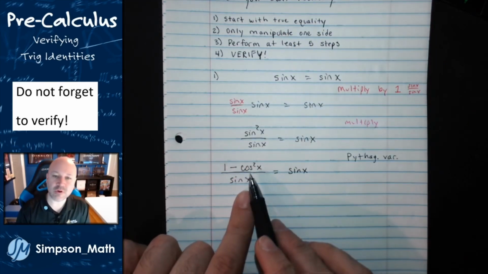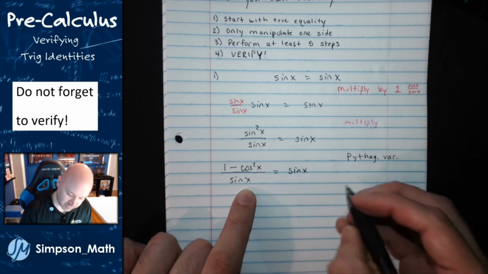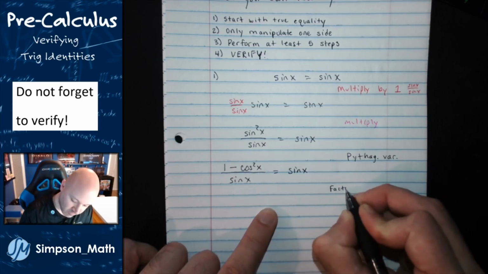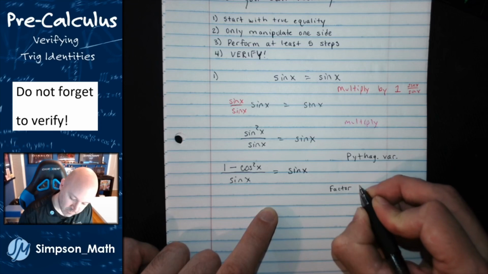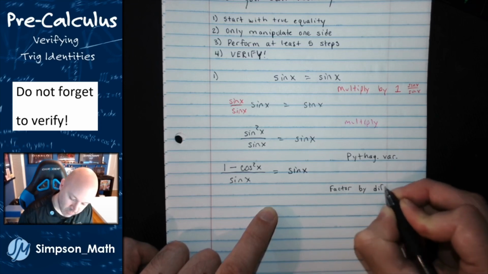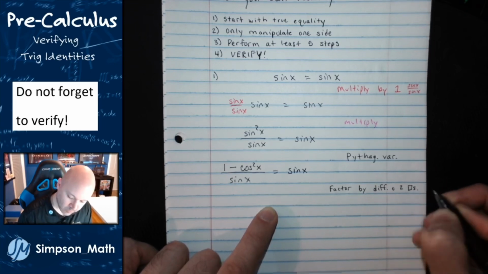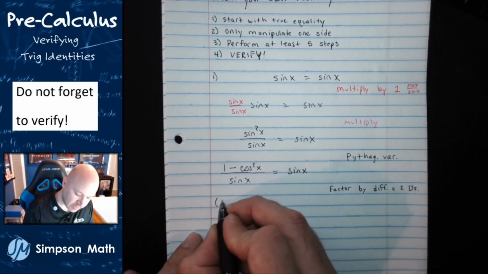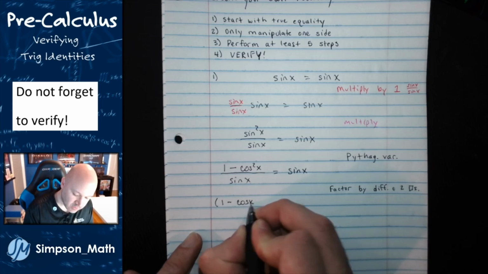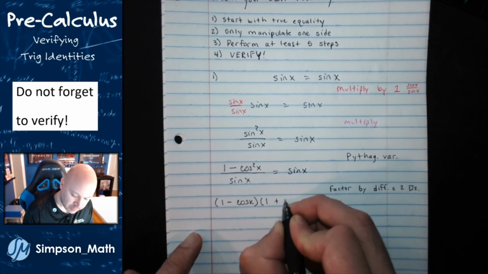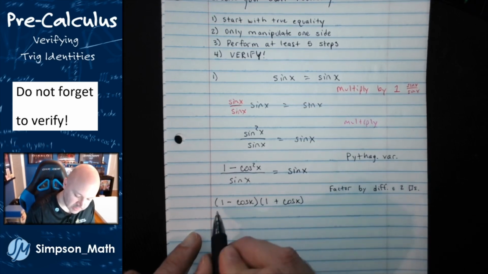I'm going to factor the numerator using the difference of two squares. That'll be 1 minus cosine x and 1 plus cosine x.